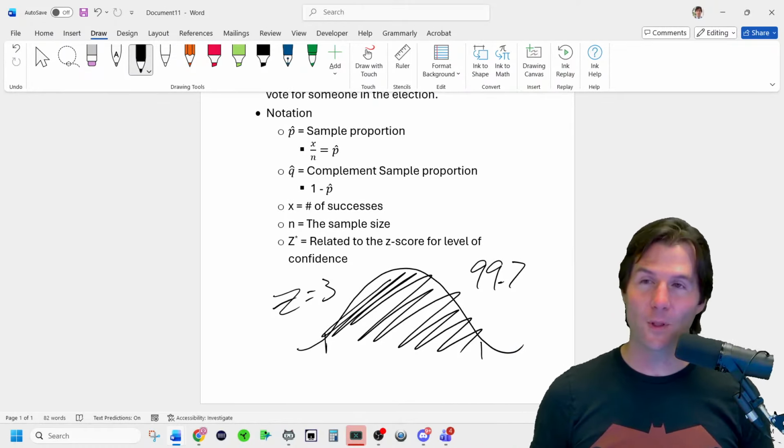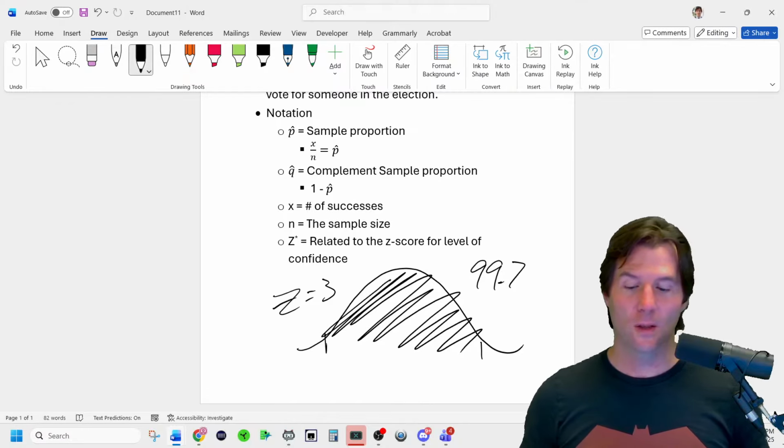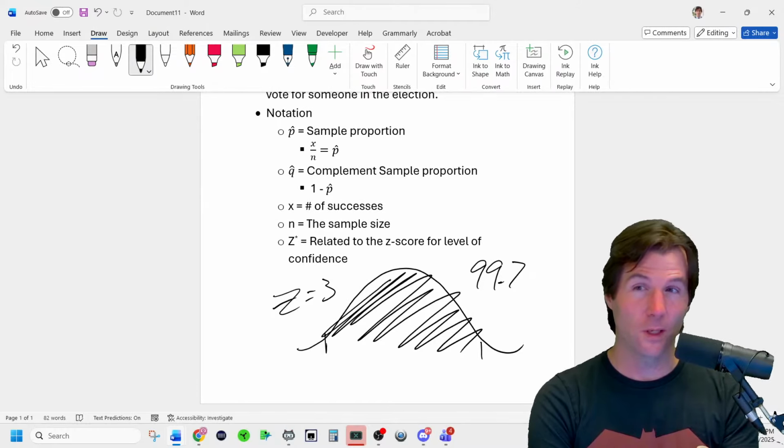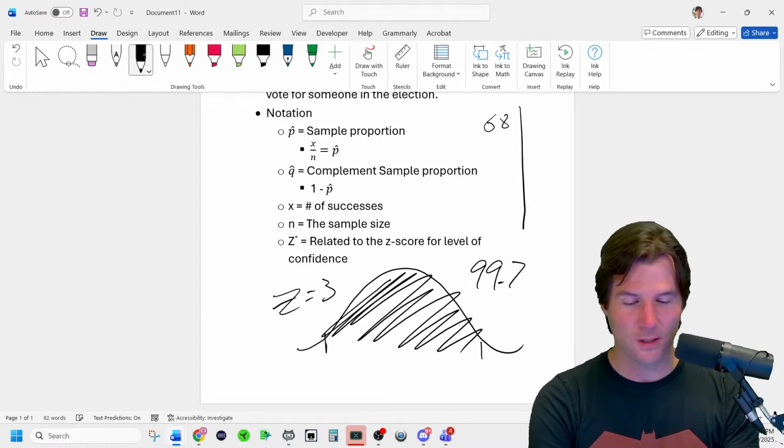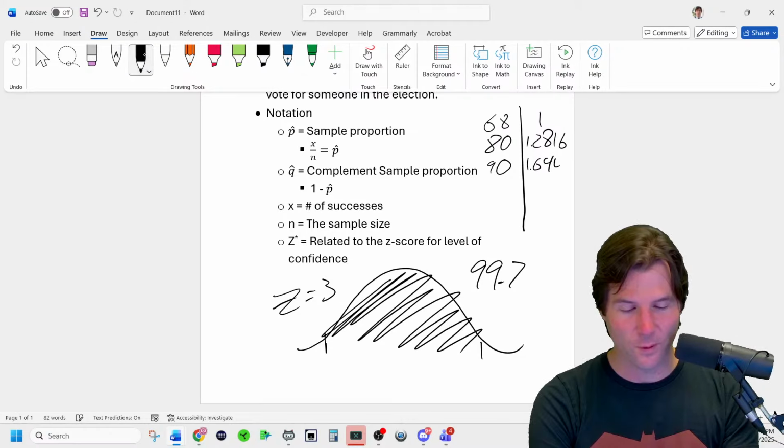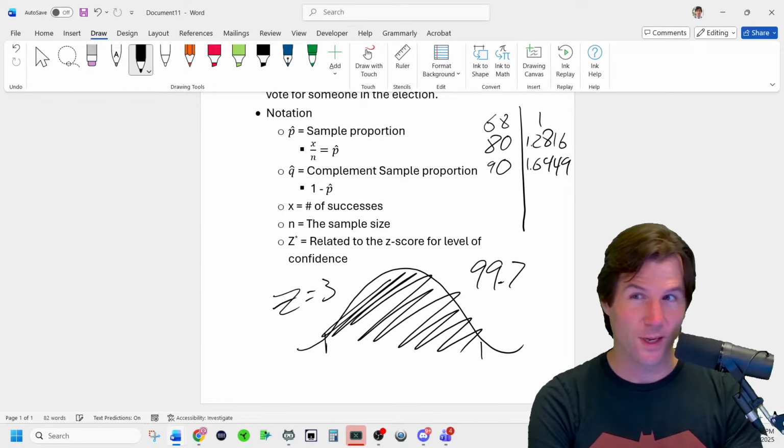And we do use applets to get these exact numbers in our class. There are classic numbers. I'll write them here and then I'll erase them. 68 is basically a z-score of 1. 80 is a z-score of 1.2816, I believe. I might get the last decimal wrong from memory. 90 is 1.6449 or 1.645, a lot of people say.